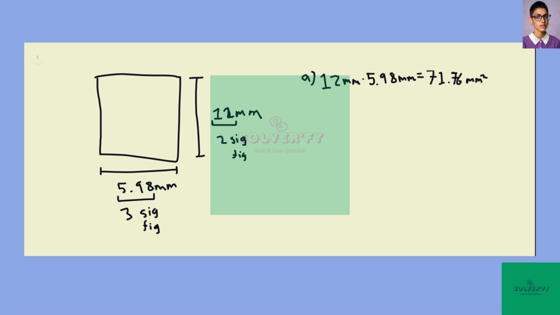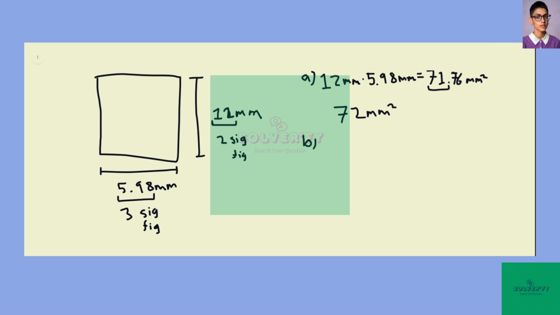But remember, sig figs, and with multiplication, you stick to the value that has the least number of significant figures, so 2. So in this case, we only retain 2 significant figures, and we round. So we have to round up to 72 millimeters squared.